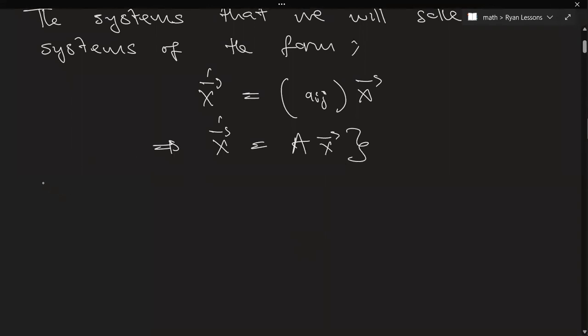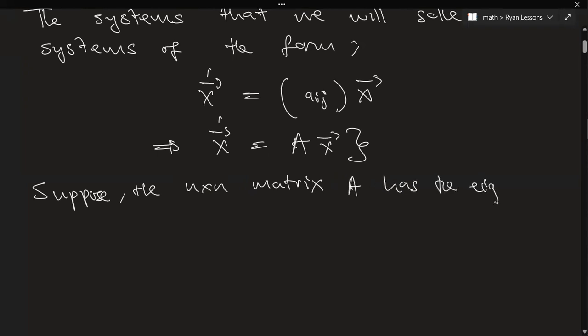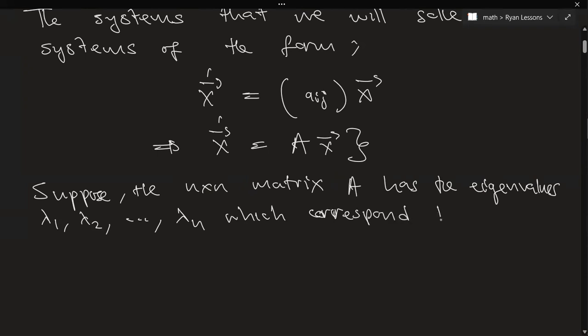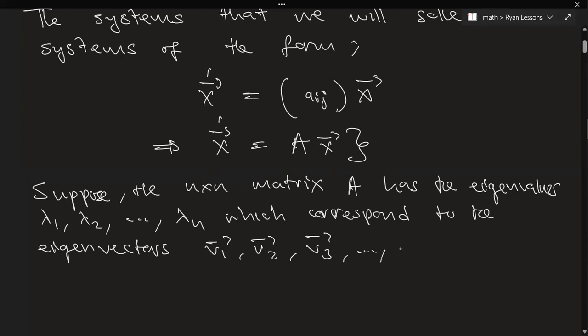So suppose the n by n matrix A has the eigenvalues lambda 1, lambda 2, up to lambda n, which correspond to the eigenvectors v1, v2, v3, up to vn.